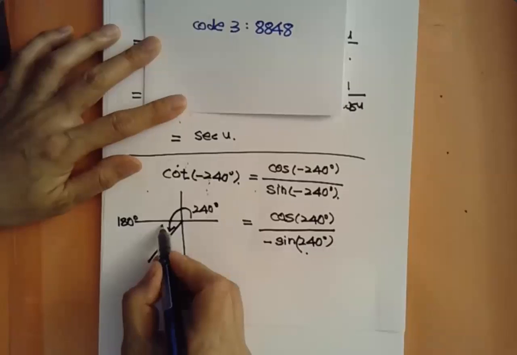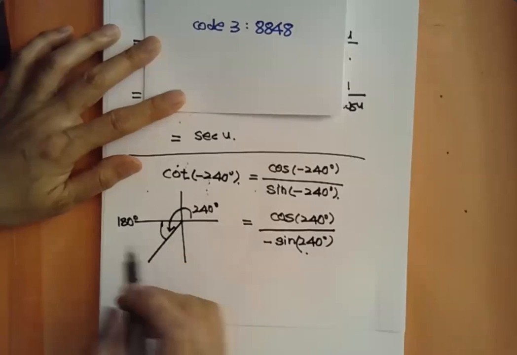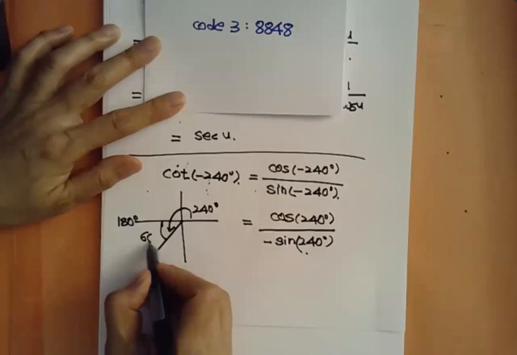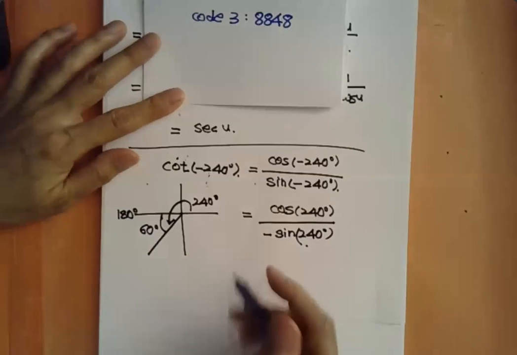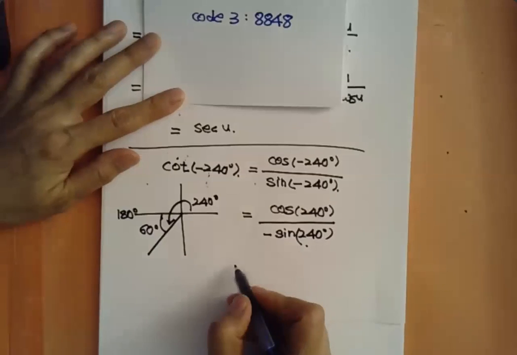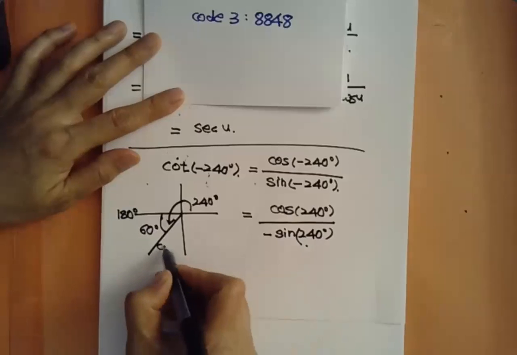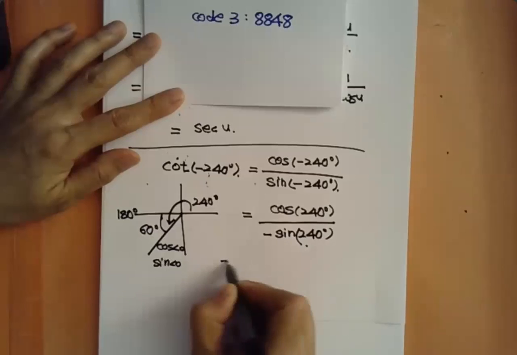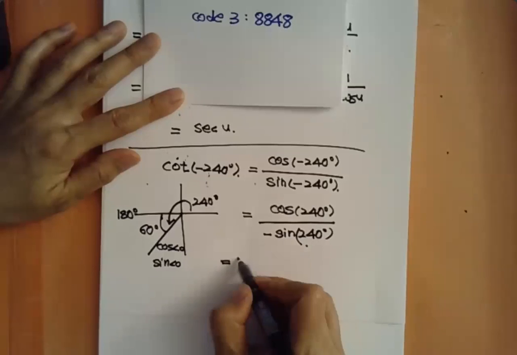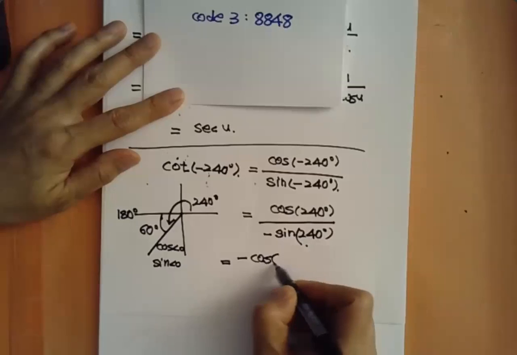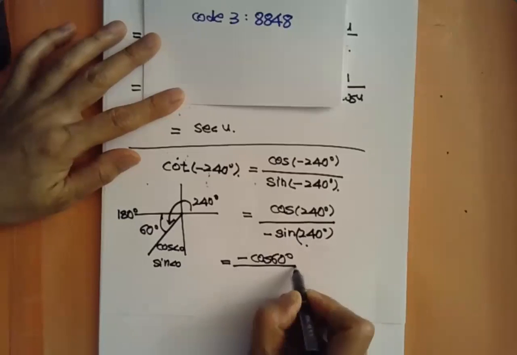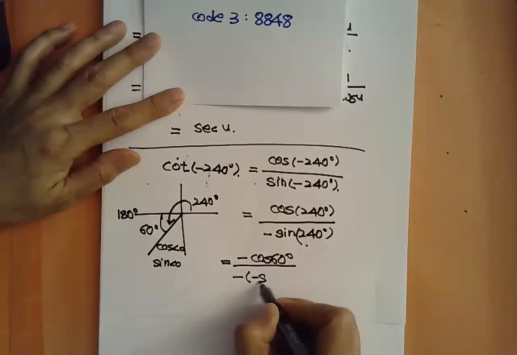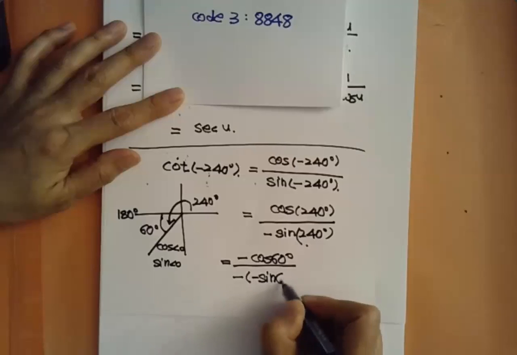So when you think about the reference angle, that is 60 degree. So in the third quadrant, cosine and sine are negative, and so it becomes minus cosine of 60 degree over minus sine of 60 degree.